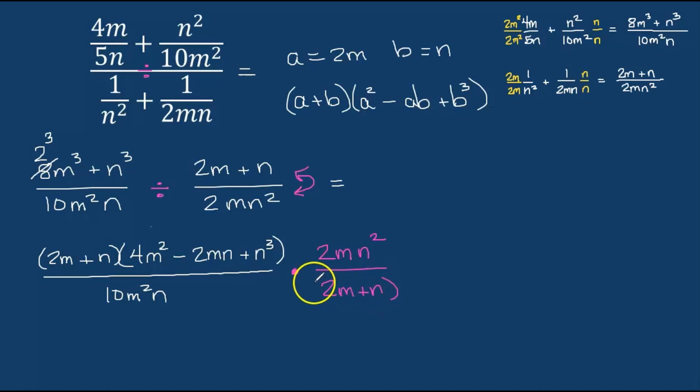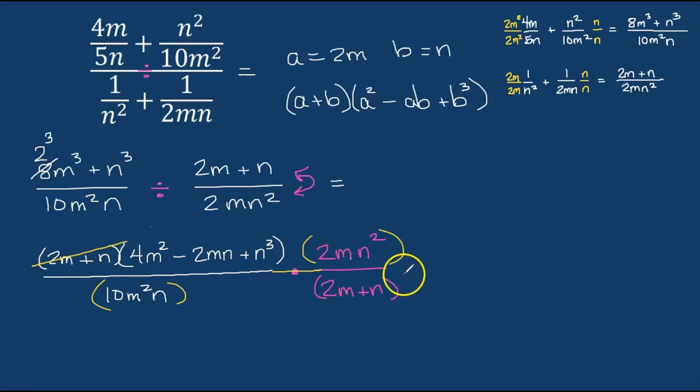And we're very happy that it does, because if you look, we are going to be able to cancel out a couple of things. First of all, remember that multiplication means that we're really just multiplying everything in the numerator together, everything in the denominator together, and that we can cancel things out even if they're not perfectly lined up.